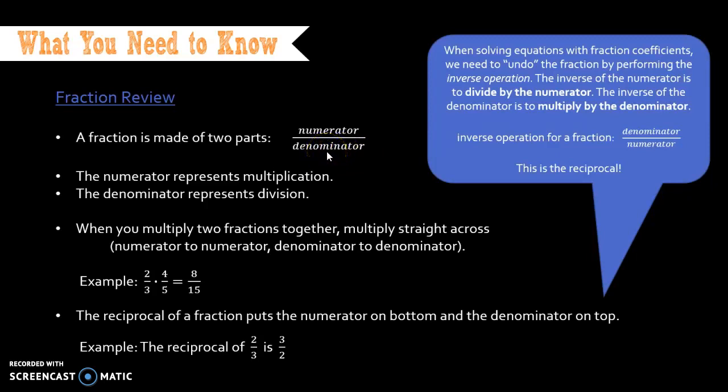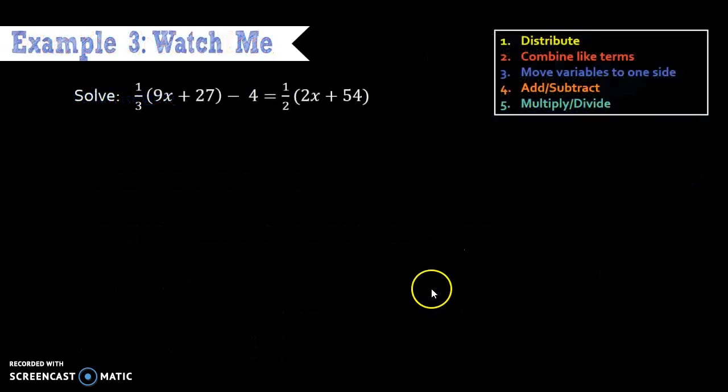So the opposite would be multiplying by that value instead. So the inverse operation for a fraction would be multiplying by the denominator and dividing by the numerator. So this is the reciprocal of what a regular fraction tells you to do. That's why when we solve things with fractions, this reciprocal is going to be very, very handy. Let's see that in action.